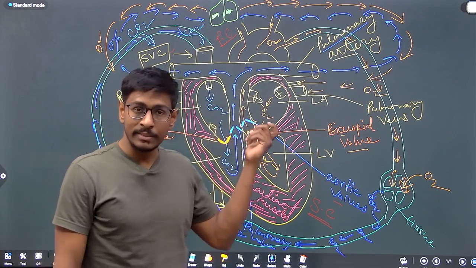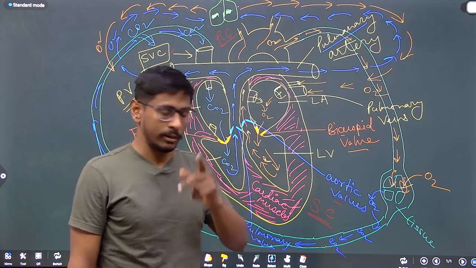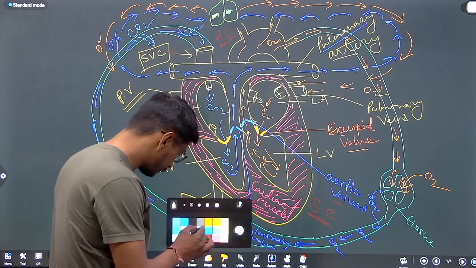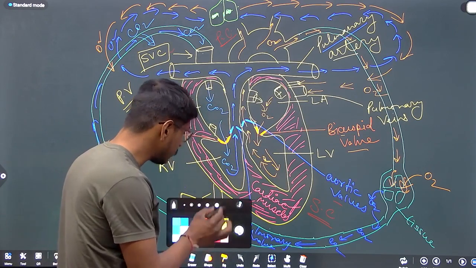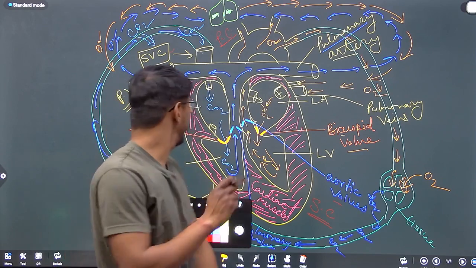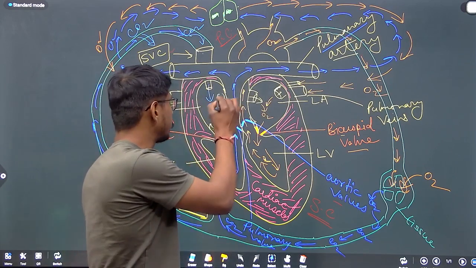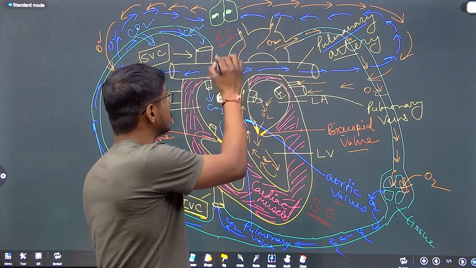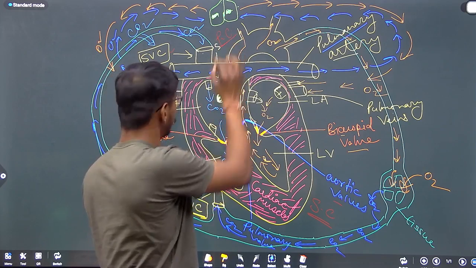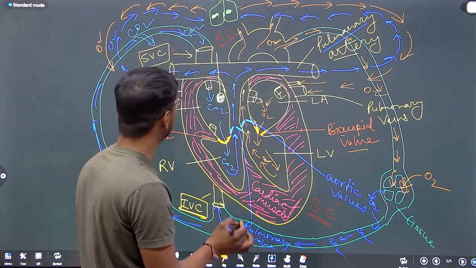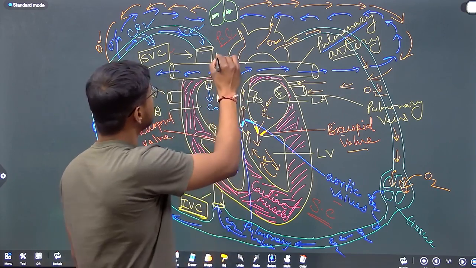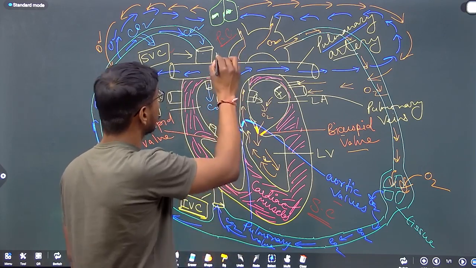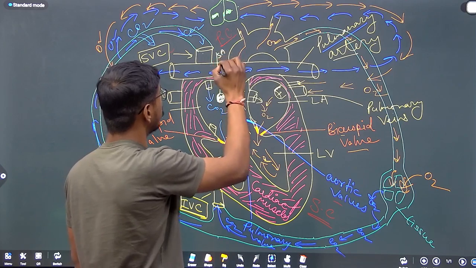Where is this autorhythmic center located? The autorhythmic center in our heart is located in the right atrium here. We call it the SA node.